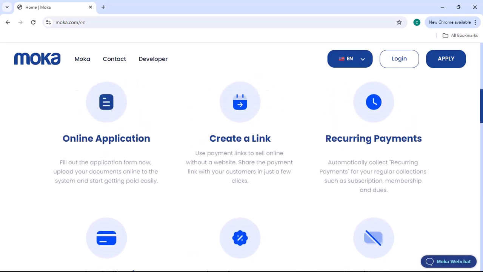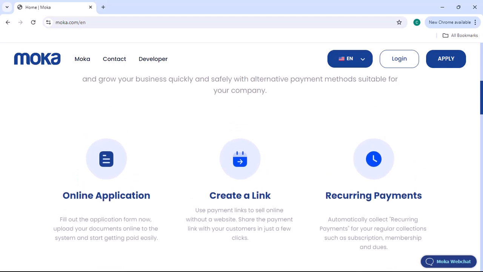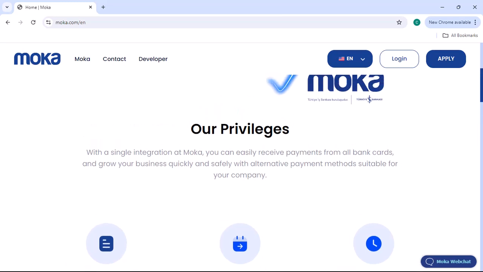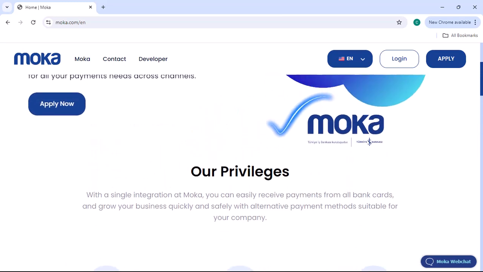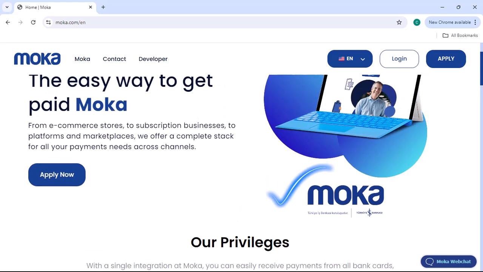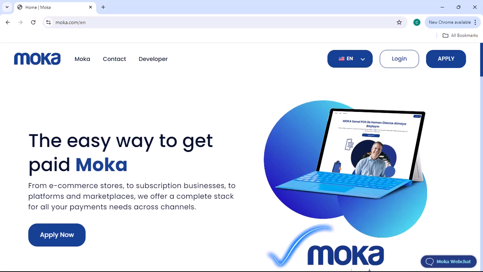Now, let's switch gears and discuss the fees for businesses and individuals receiving payments through Moka. This is where the core of Moka's revenue model lies. Moka typically operates on a percentage-based transaction fee, meaning they take a small percentage of each transaction processed through their platform. This fee is generally competitive with other digital payment solutions and is designed to be manageable for even small businesses.